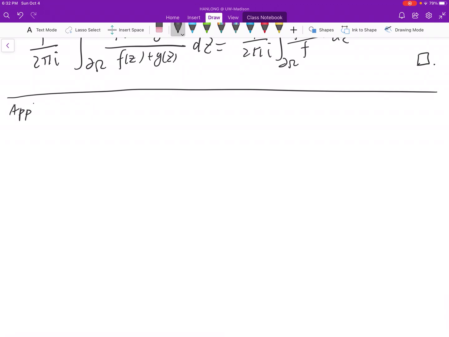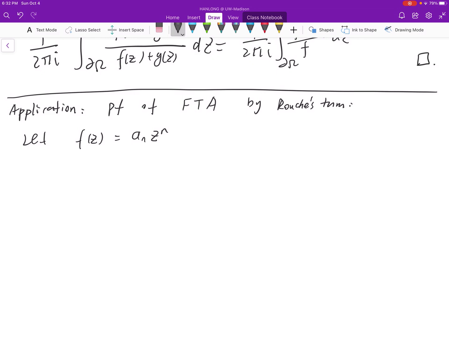Okay, then we have an application: a proof of the fundamental theorem of algebra by Rouche's theorem. Let f(z) equal a_n z^n, where a_n is a non-zero complex number, and g(z) equal the summation of the lower order terms.